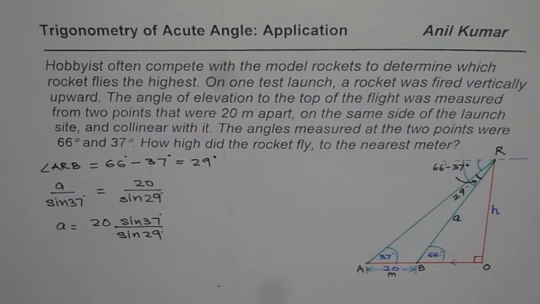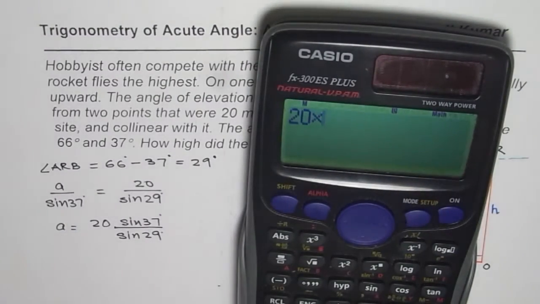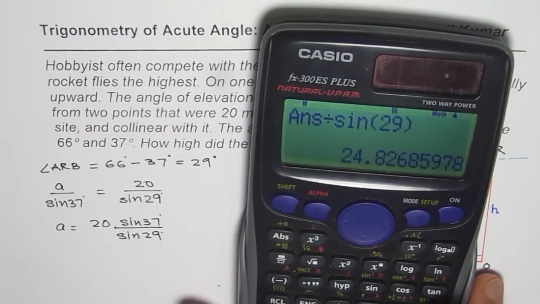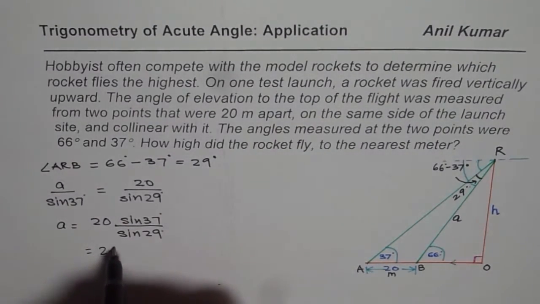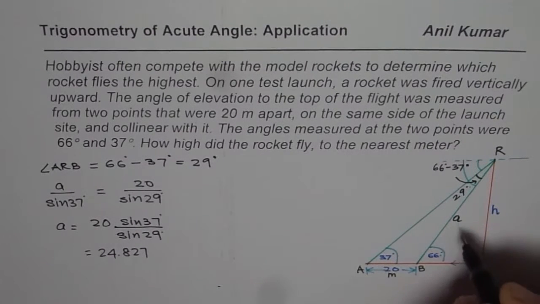Okay. So let's find this value. So it is 20 times sine of 37, then divide by sine of 29, equals 24.8268. So I'll write this as 24.827. Okay, so we got the value of a.